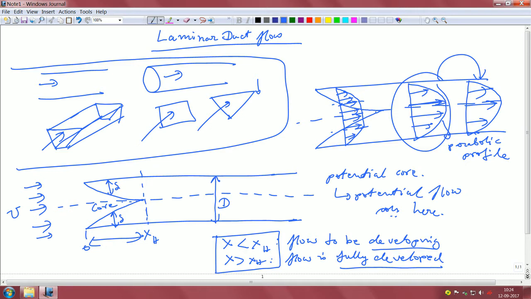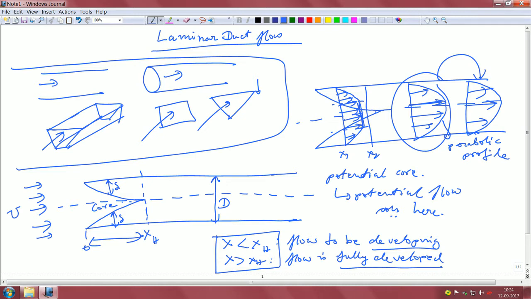This potential core, that means the flat region, will accelerate as you go to the next level. That means this is the profile at x1, if you take another at x2, you will see that the velocity at the potential core, there is only one single velocity because the flow is uniform there, will increase with distance.